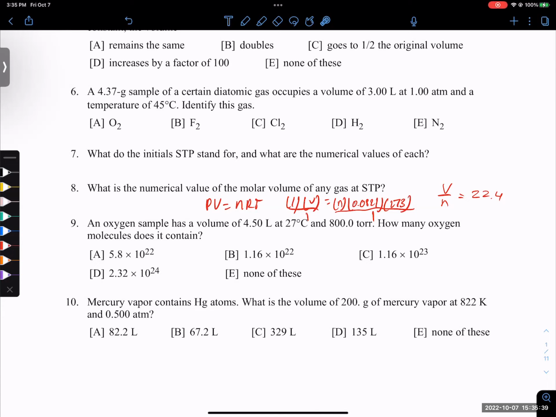That's where it is derived from, when you have a pressure of 1 atmosphere at the standard temperature of 273 Kelvin. So the volume of a gas per mole of gas is 22.4, and that's why you can multiply both sides by n and get the relationship that volume is equal to 22.4 times the amount of moles.